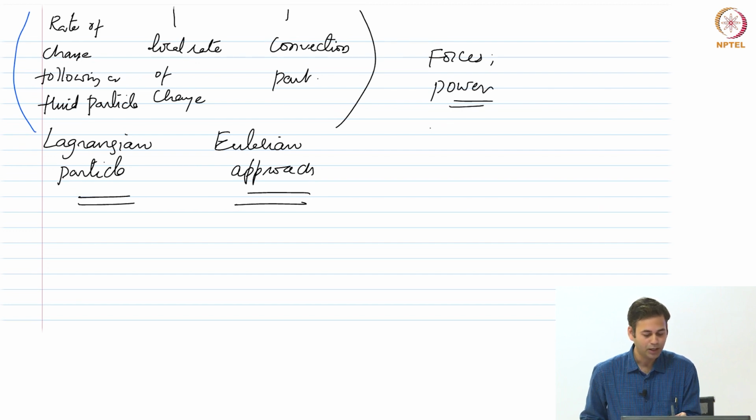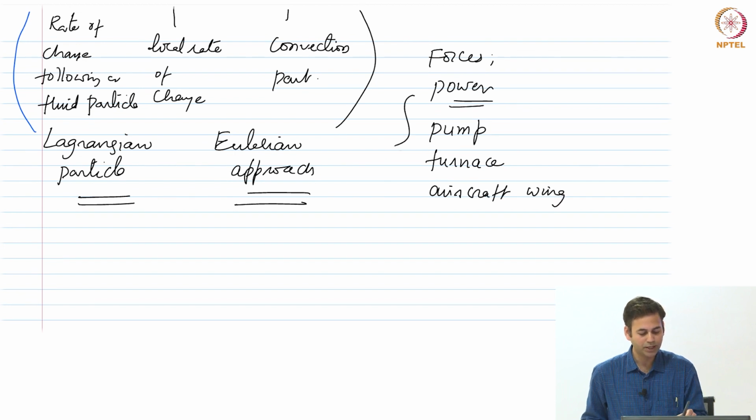For example, let us say you are interested in what will be the power required by a pump, or the power consumed by a furnace, or maybe the lift that is produced by an aircraft wing, and so on, in which case your domain of interest is fixed. So in that sense, the Eulerian approach is very much used, and that is what we are going to use in this part of the course.